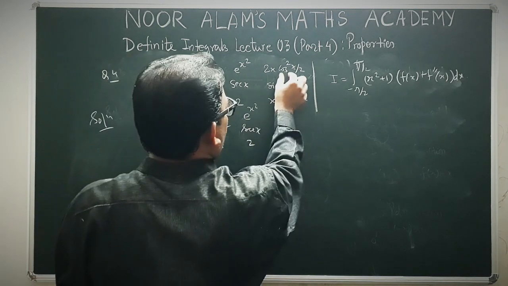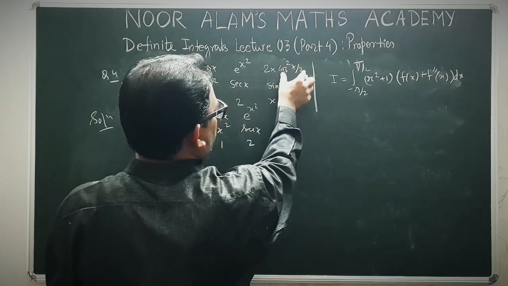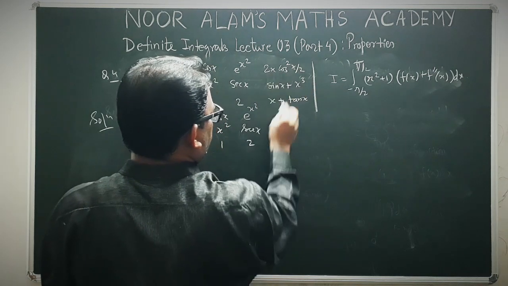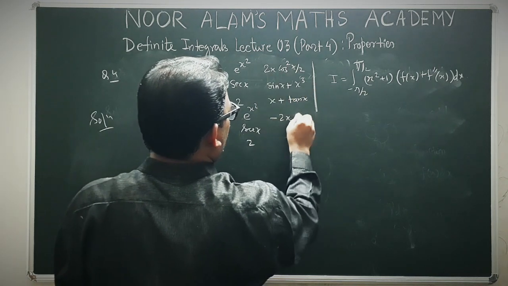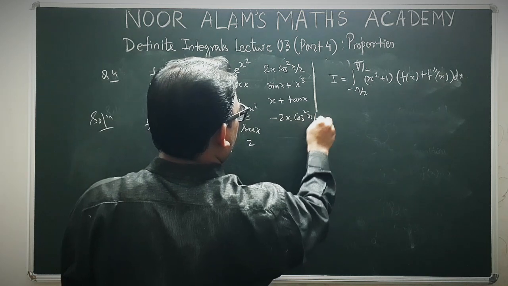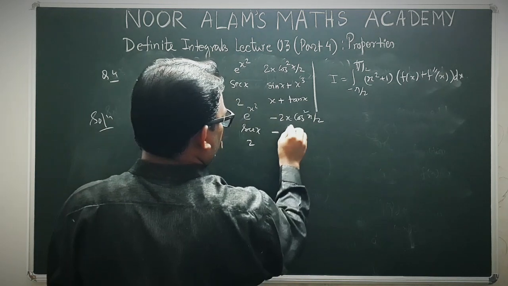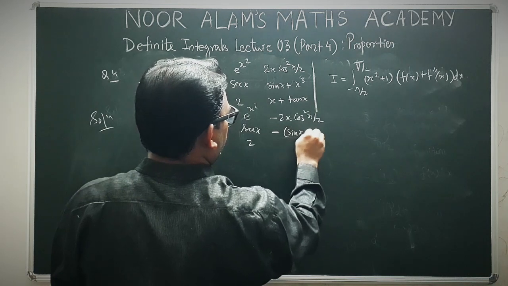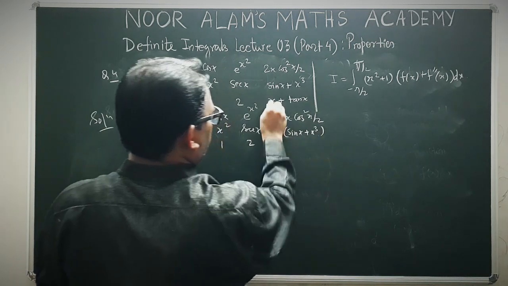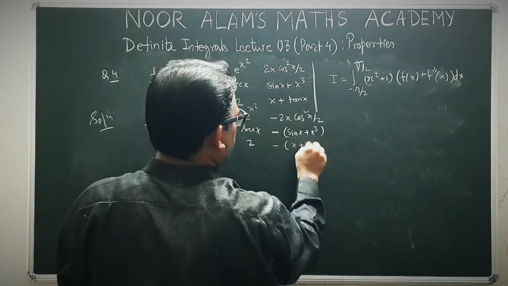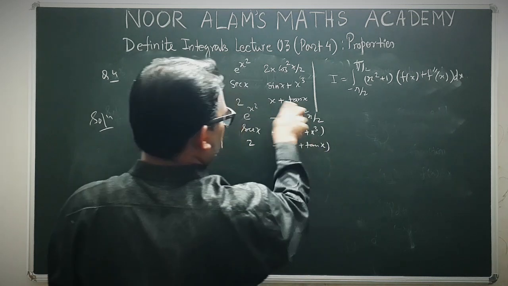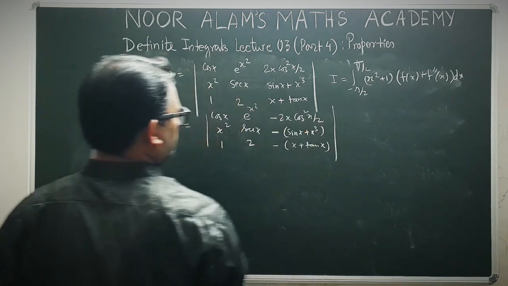When x is negative, this part is positive but 2x is negative, so ultimately you get 2x, cos square x by 2. Here you get minus sin x, and taking minus common, it will be sin x plus x cube. X you can take negative, it will be x plus tan of x. Because both are negative, you can take the negative sign outside.